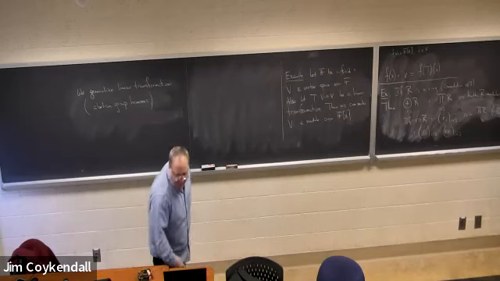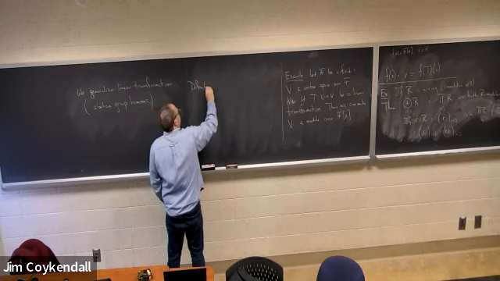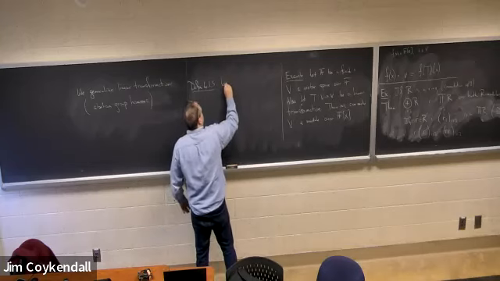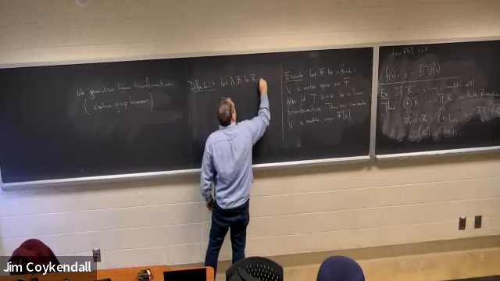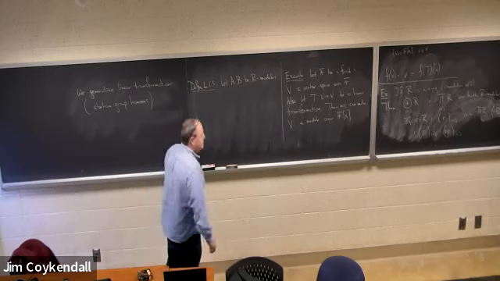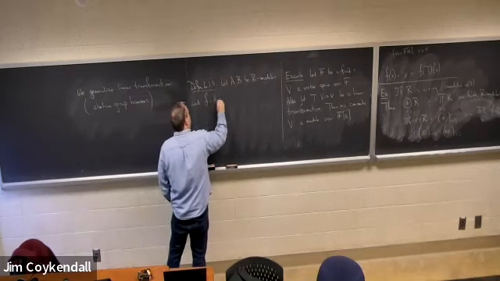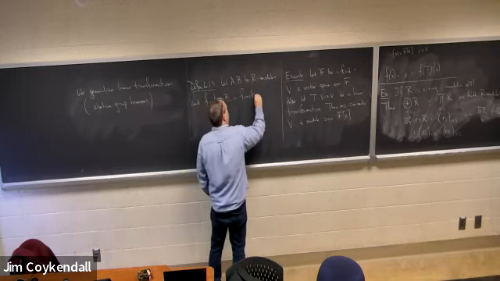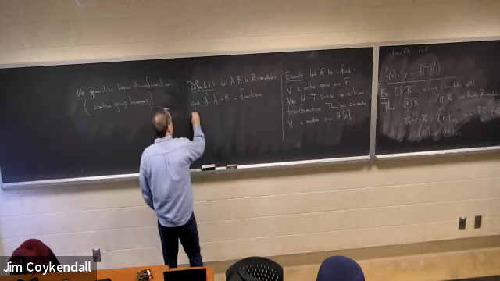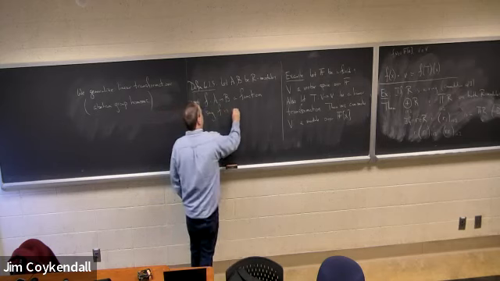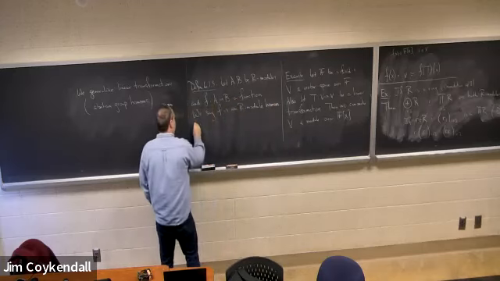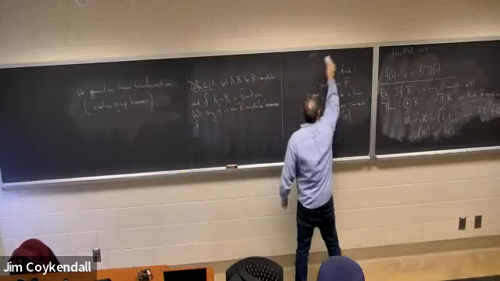So let me give it to you. Definition 6.13: let A and B be R modules, and f a function from A to B. We say that f is an R module homomorphism if we've got a couple of things that must happen.